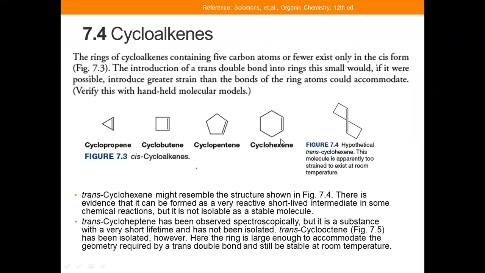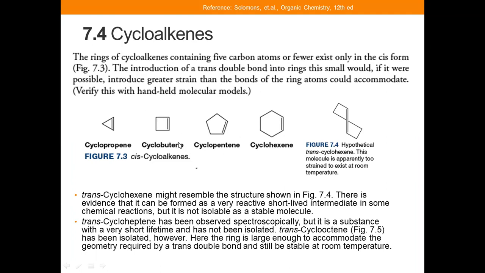It's a cyclic alkene. The rings of cycloalkenes containing 5 carbon atoms or fewer exist only in the cis form. So cyclopentene, cyclobutene, cyclopropene exist only in cis form. The introduction of a trans double bond into such a small ring, if it were possible, would introduce greater strain.